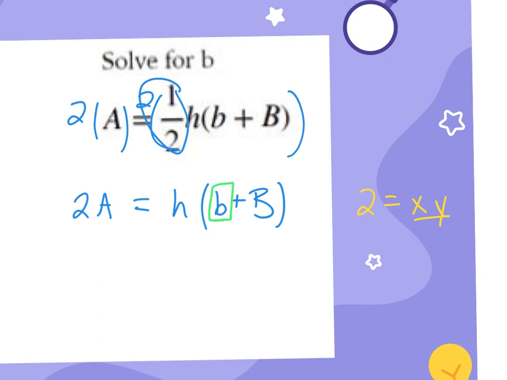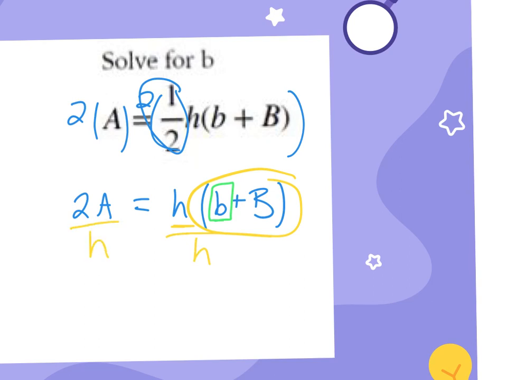Okay, so if we see that, aren't I just multiplying this h times this whole b plus B? Yes, so what can I do here? Divide by h, good. I can divide by h on both sides.